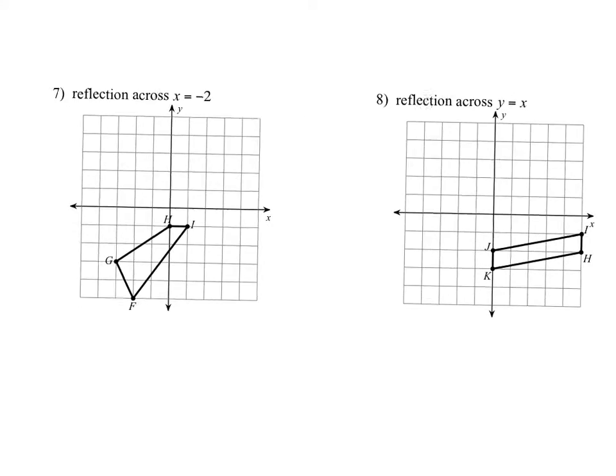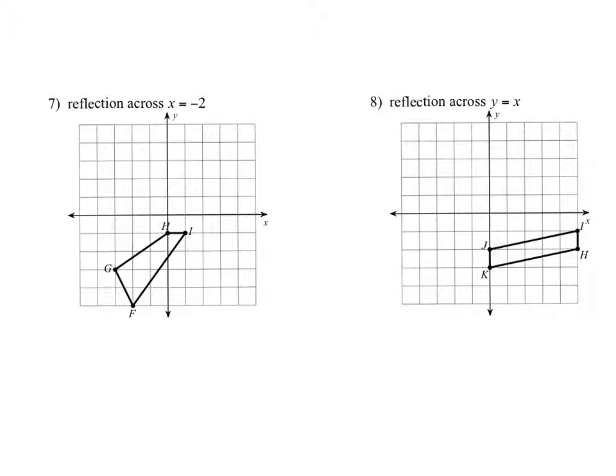All right, what if our line changes? Now this gets a little trickier. So the line here is x equals -2. So you go to x is -2. Remember, that's a vertical line.